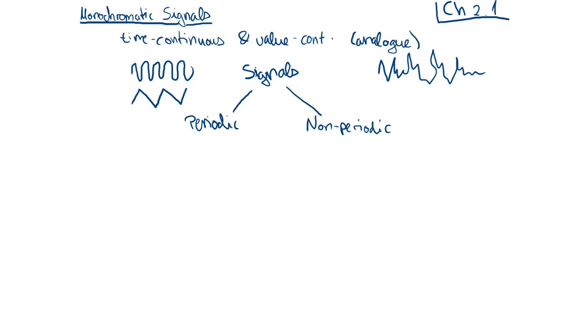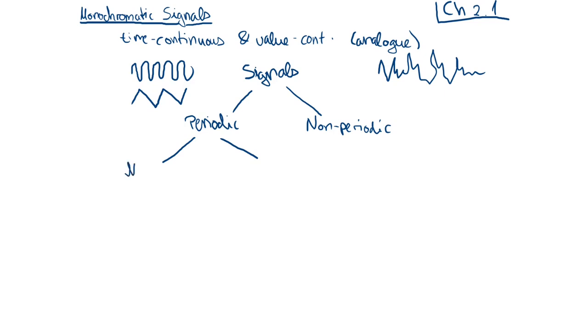And as you can see, there are also differences between these two signals. We will have a look at this in the second part of today's lecture. But for now, let's just define the terms. You can subdivide periodic signals into monochromatic signals and multi-frequent signals.